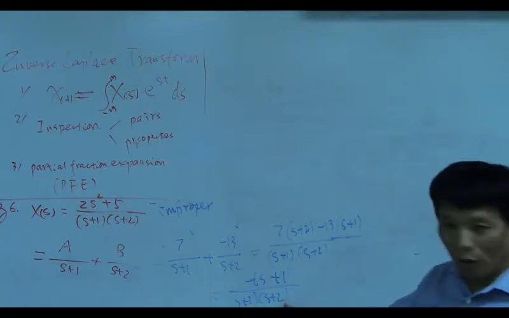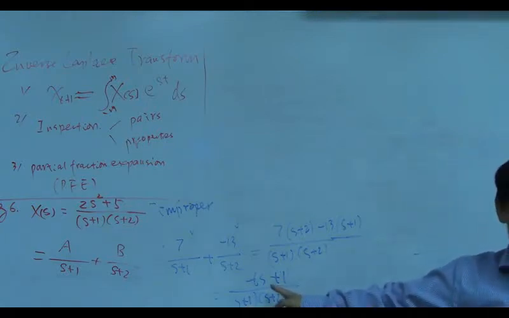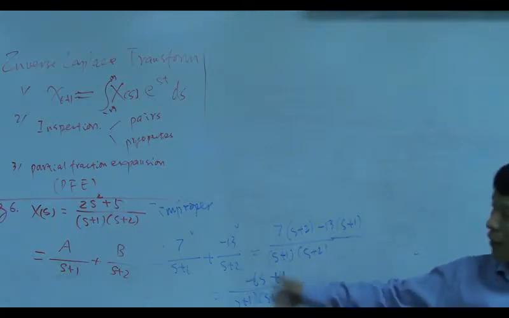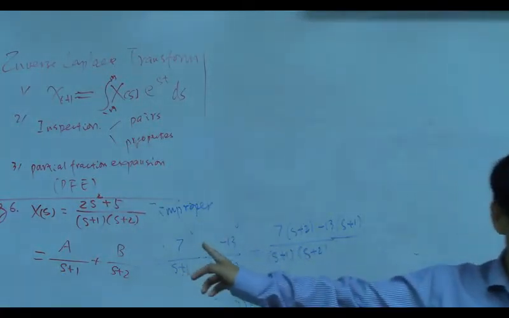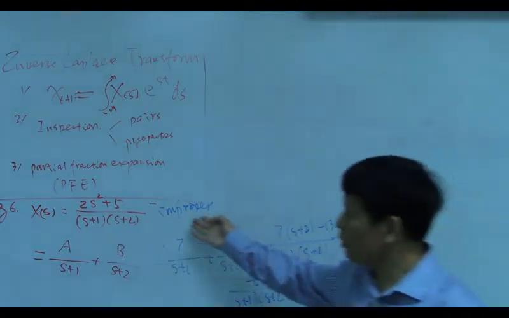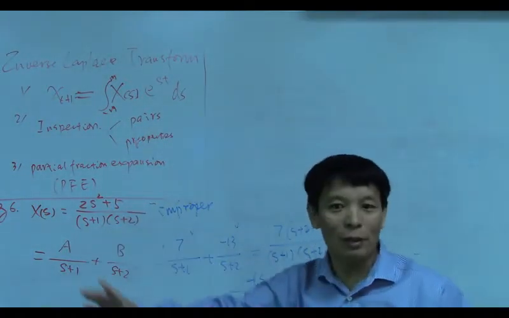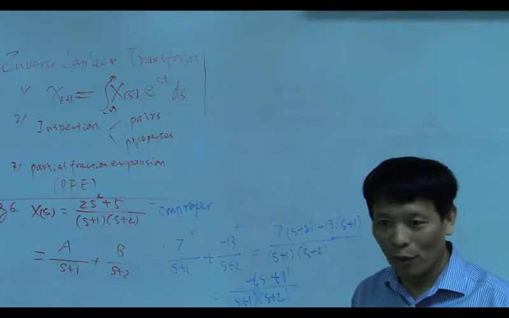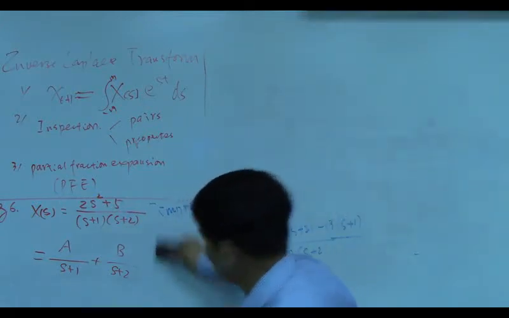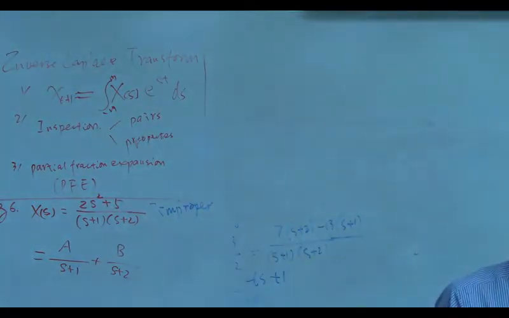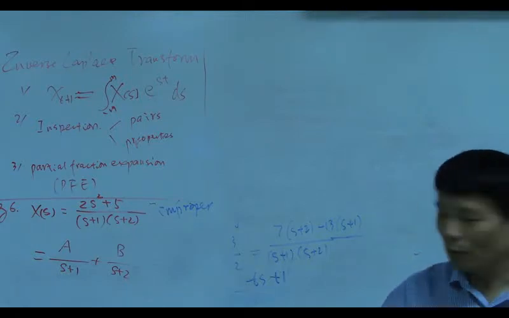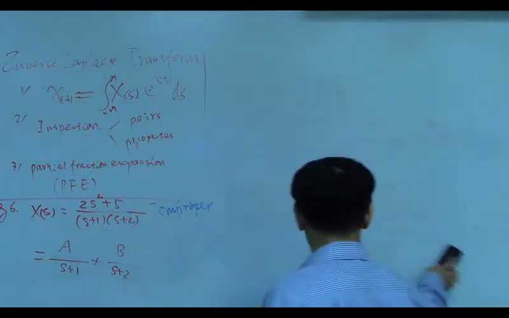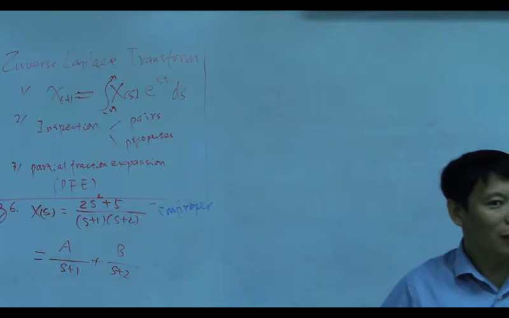This one is proper, because the degree on the top is 1 and the degree on the bottom equals 2, so that's less than. So this is good. This one is not that good. For improper ones like this, we cannot use this method. Instead, we need to do long division first, then use this method, to make this one proper.